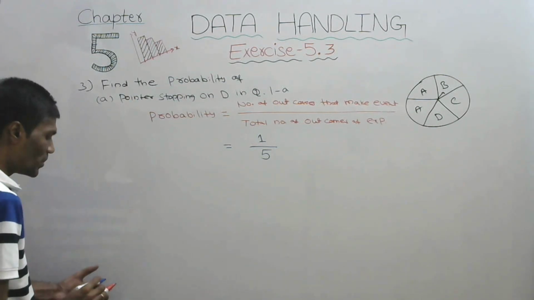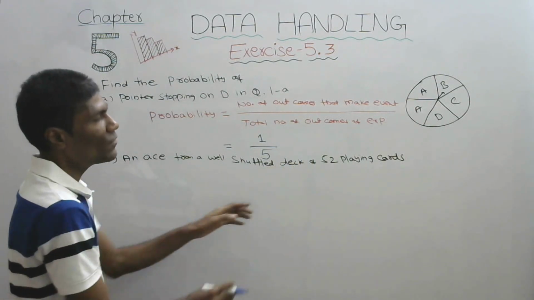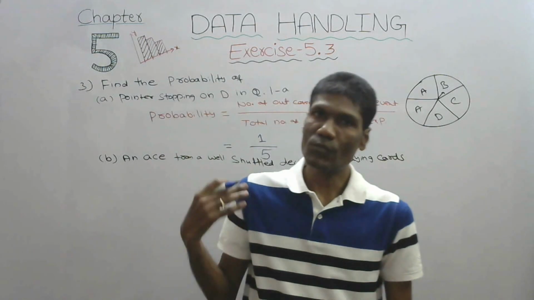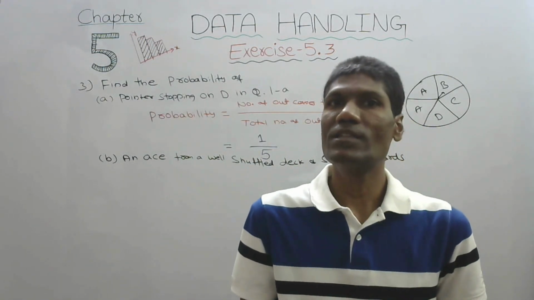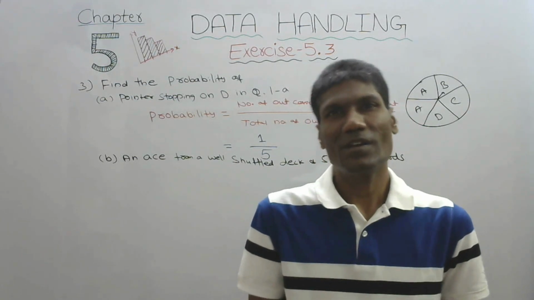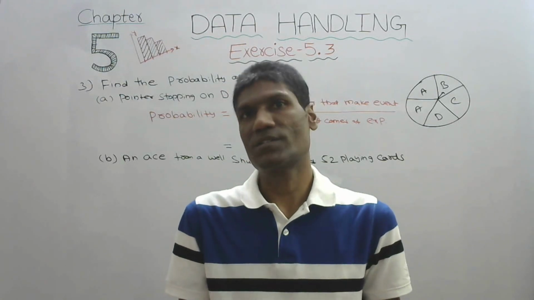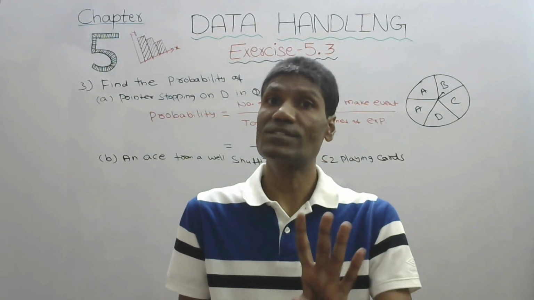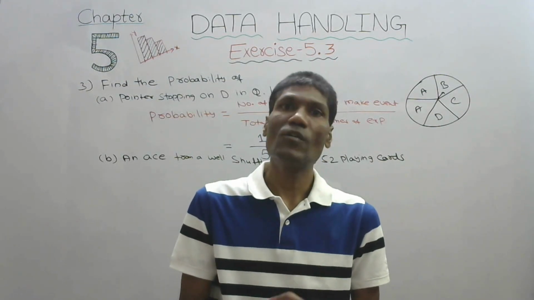Next, second question B. An ace from a shuffled deck of 52 playing cards. Before proceeding to this question, we should have some knowledge about these cards. Let us discuss. We will be having 52 cards. In 52 cards, we will be having 4 aces. So, the number of aces will be 4.